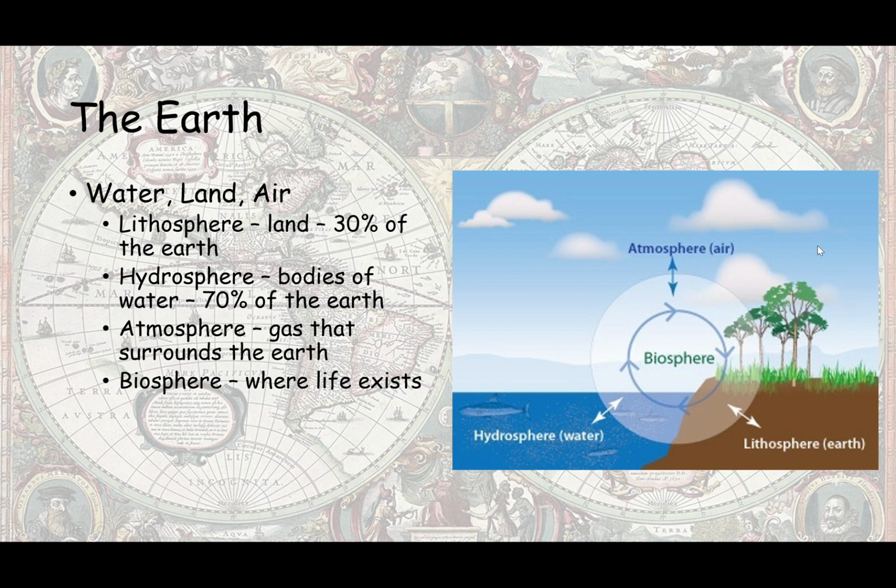And then above all of that, you have the atmosphere, which is the gas or the air that surrounds the Earth. Anywhere that life exists is called the biosphere. So you do have life that lives on the Earth, in the Earth too, in the water, but also in the air. So all of this together is our biosphere.